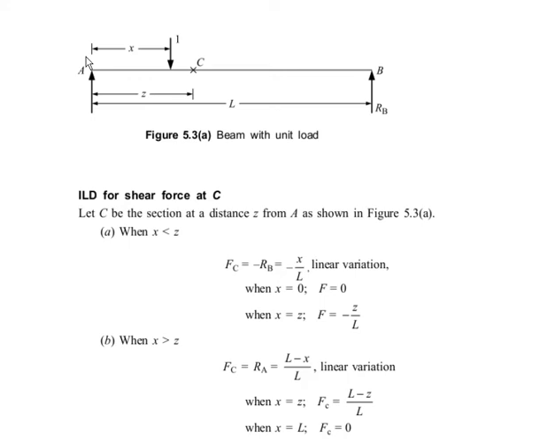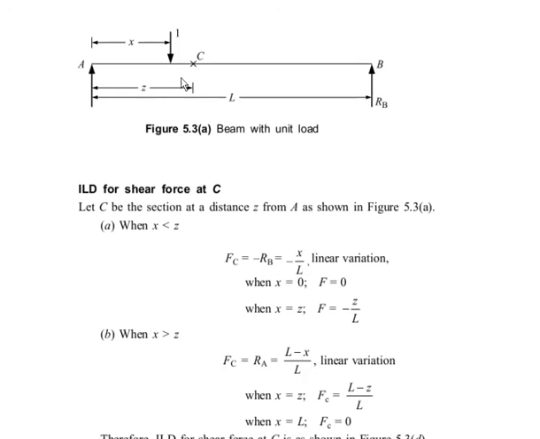So again, just imagine a unit load is moving from left to right, from A to B on the beam. In this problem, we have two cases actually. When the unit load moves in between A and C, that is the first case.